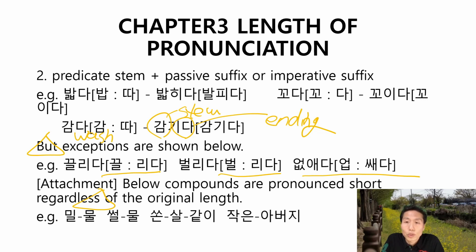And chapter 3, we talked about the length of pronunciation. Next time we'll talk about chapter 4 to chapter 7. In fact, there is chapter 7. So in total, we will learn from chapter 1 to chapter 7. So next time we'll start from chapter 4. See you then. Bye.